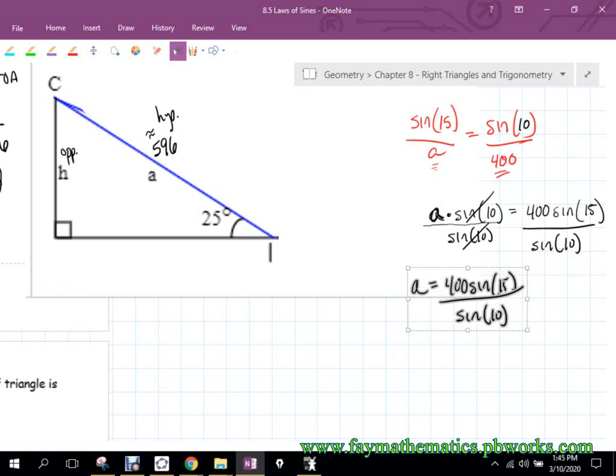On this one I don't have to hit enter; some of them you have to hit enter after you hit the sine key. So 15 sine gives me 0.25. Then I multiply that by 400, hit enter, and we divide that by, then I have to hit 10, and then sine again, and then hit enter, and then it gives me my 596.19. There's a lot of things I have to work backwards and hit enter a lot of different times. Does that make sense? Okay.